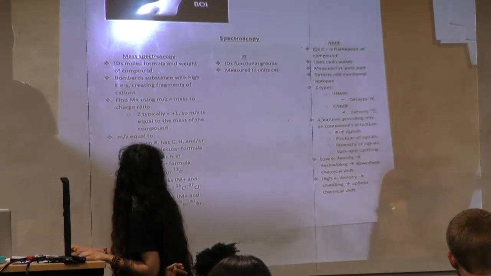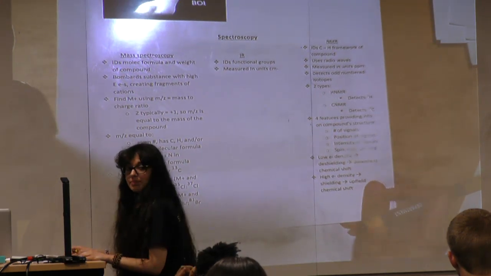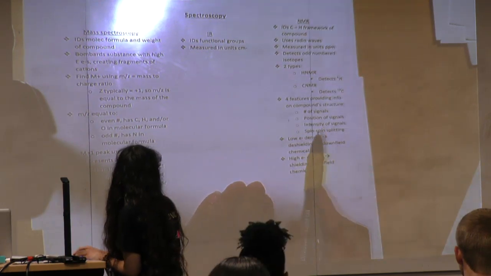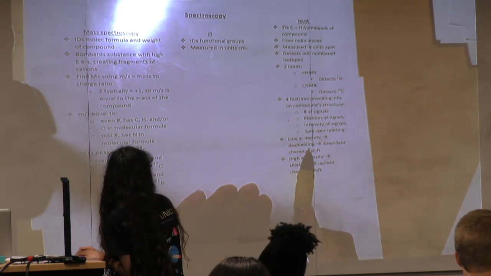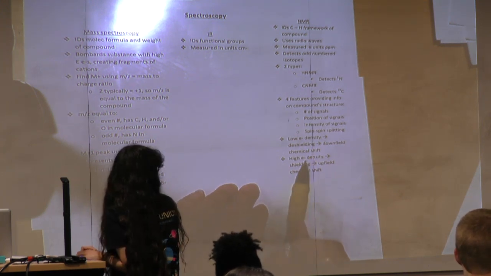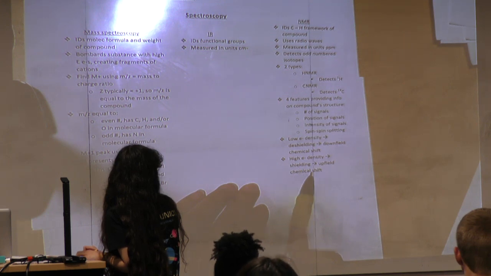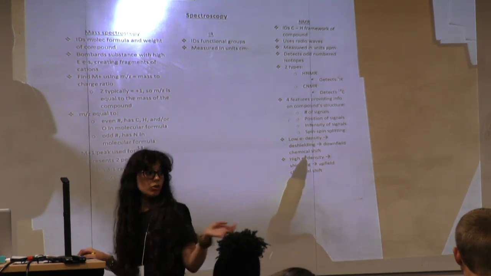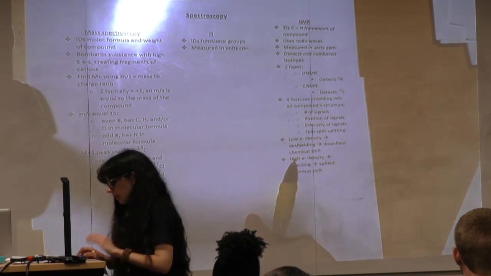I can show you the little table that I made. We see that when we have low electron density, it leads to de-shielding, which is a downfield chemical shift. Whereas when we have high electron density, it's shielded and it moves upfield. So what does this mean?